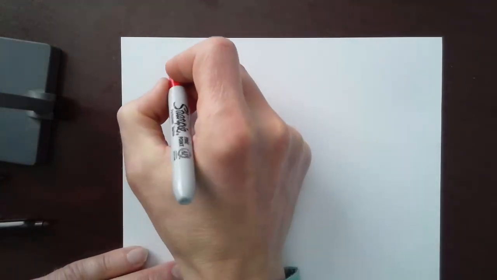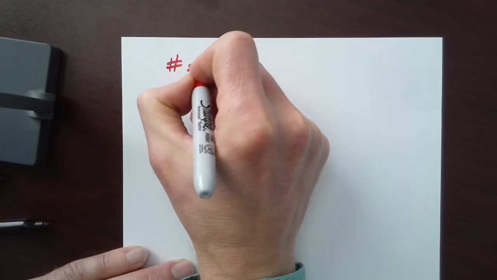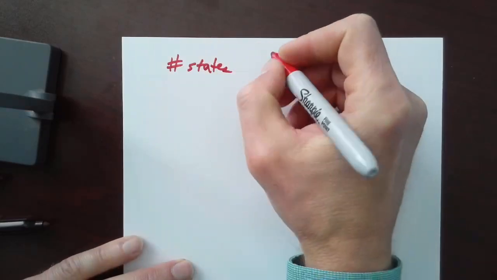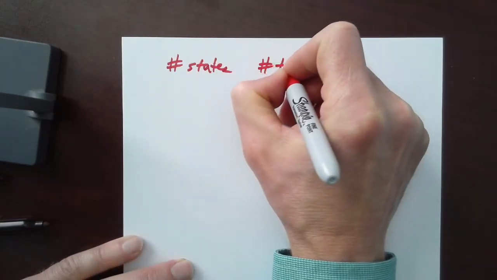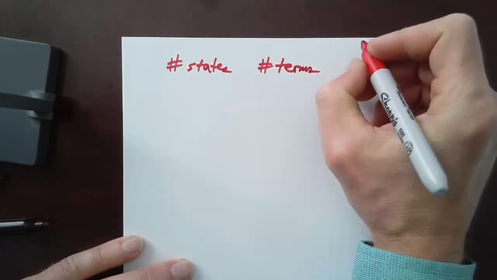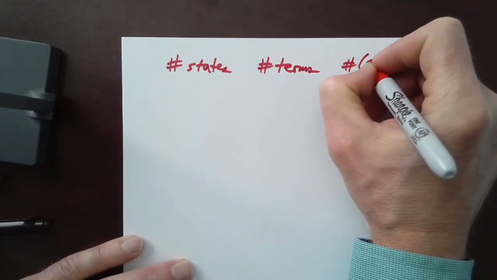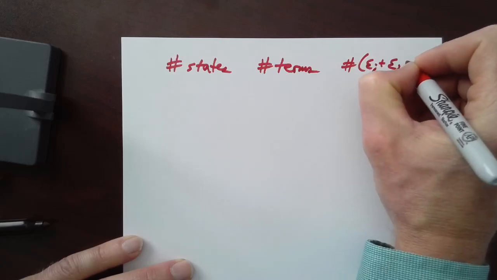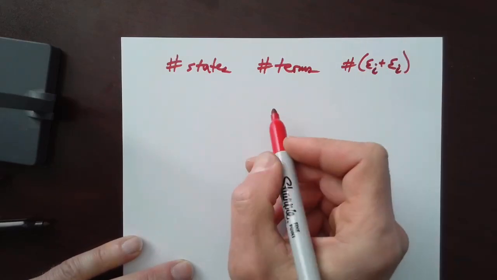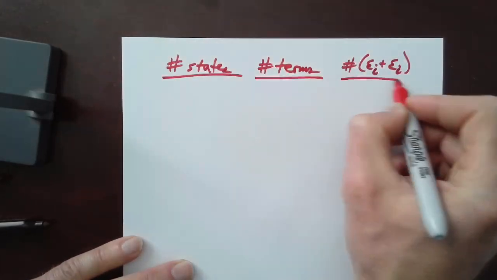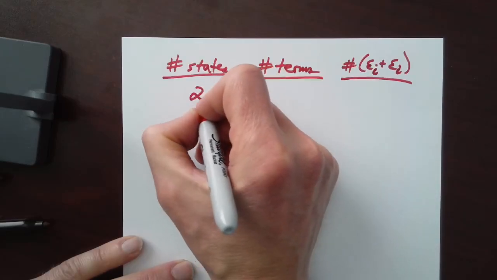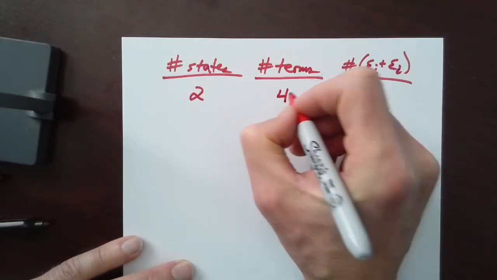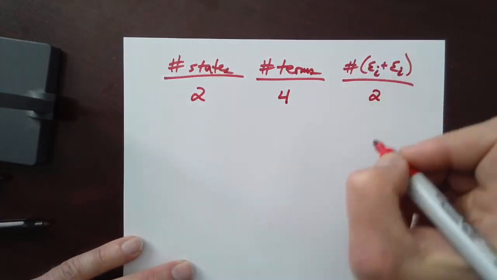So we've got the number of states, the number of terms in the summation, and then the number of Ei plus Ei terms, where the two indices are the same. If we have 2 states, we have 4 terms, and 2 problem terms.